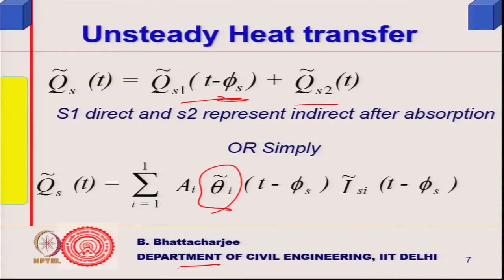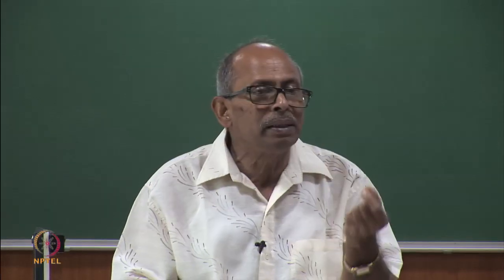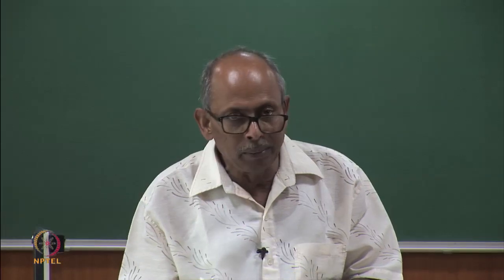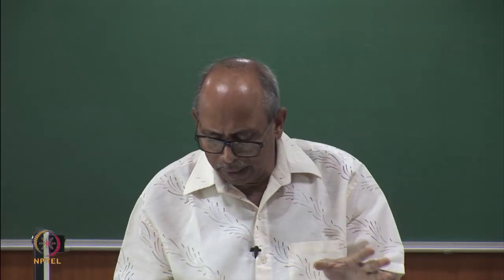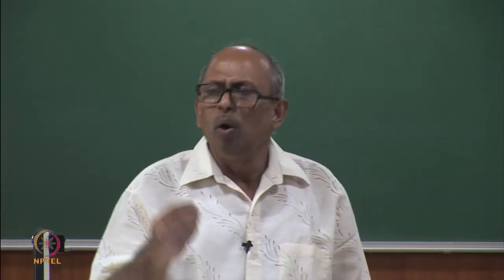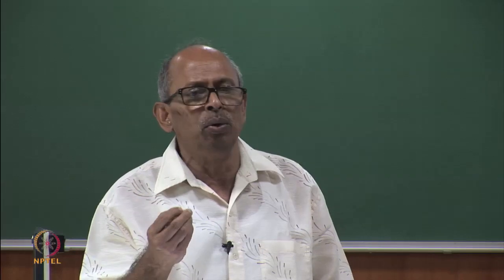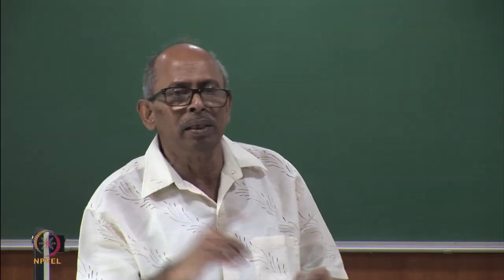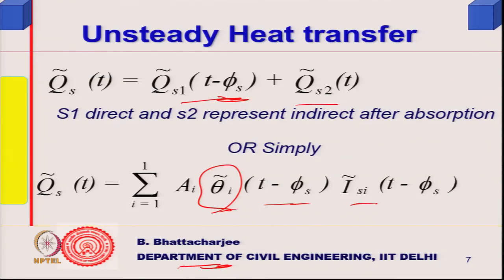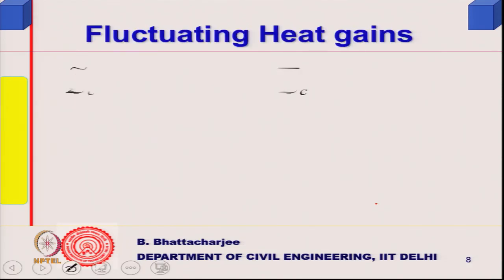You can have a time lag for that, but it will be very small because glass is a thin member, it will not store for long and only part of it will come in. So, we do not complicate it that much; we assume there is a theta swing, or you might assume a fixed theta value, both swing as well as a single steady theta value. So, A theta T, you can take it like this, or simply as A I theta T.